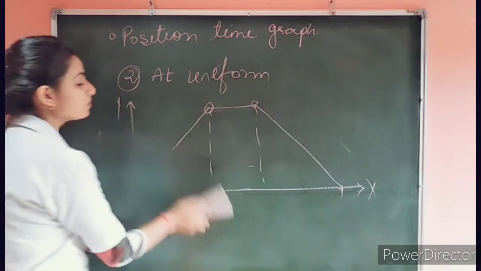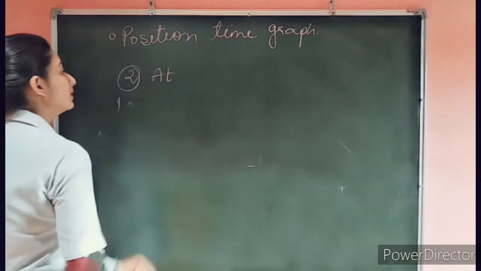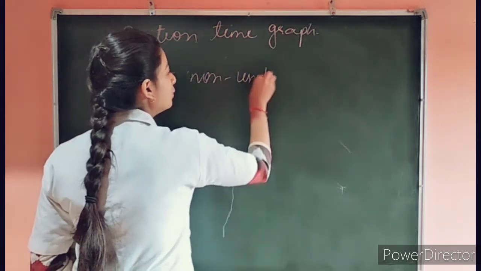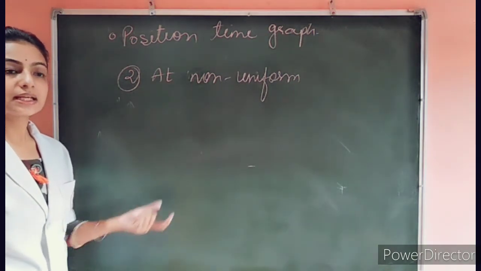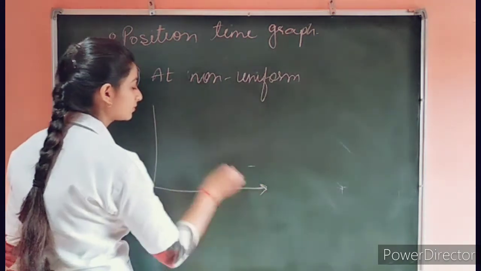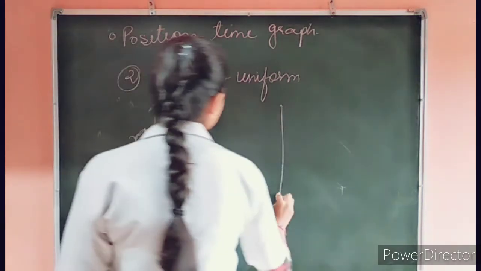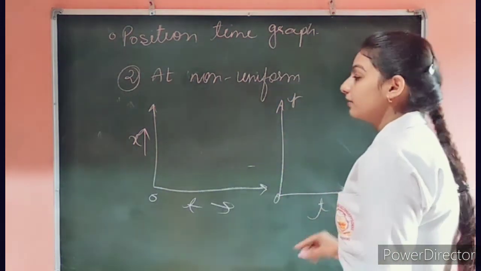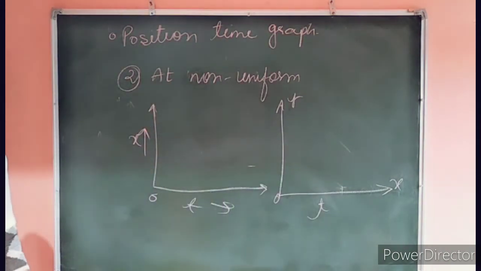Now when the object is in non-uniform motion, we will get two graphs. When the velocity is variable, it will be either acceleration or retardation.